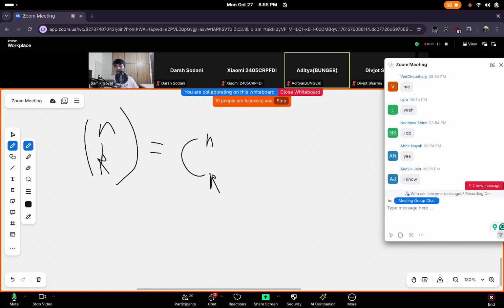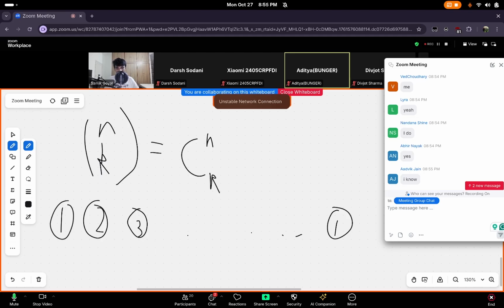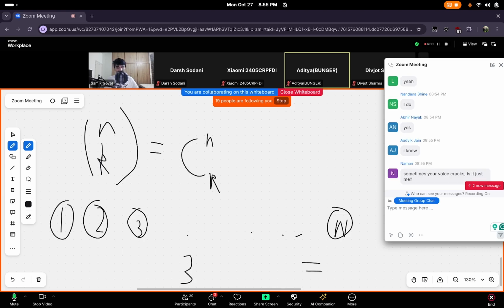Say I had n numbered balls, 1, 2, 3 and on till n, and I asked you how many ways there are of picking, say, 3 balls from this, then the answer will just be n choose 3.